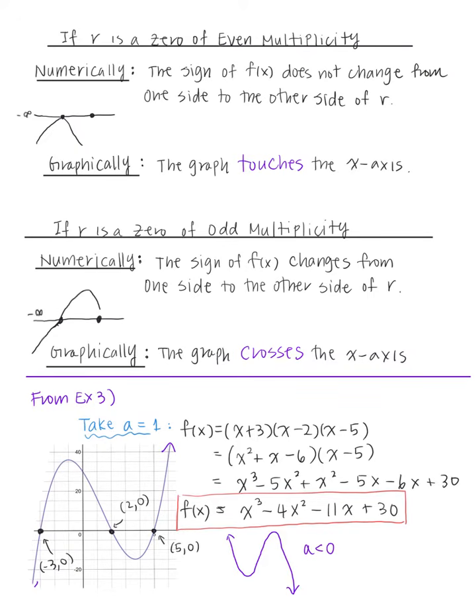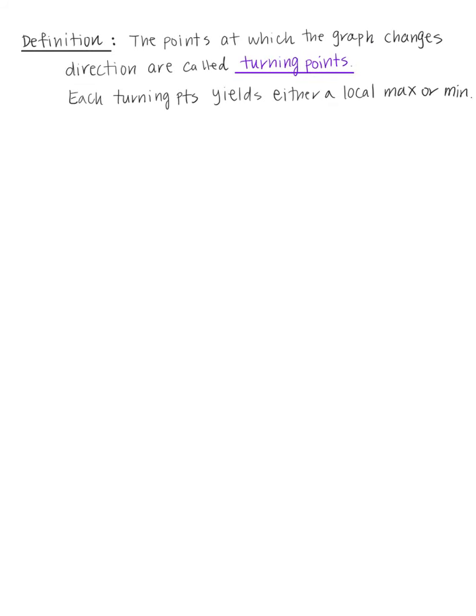Now, there is a relationship between the degree of the polynomial and the turning points. As you guessed, if it's degree 3, then we have 2 turning points. So guess what's going to happen if the degree is 4? You're right, it's going to have 3 turning points, and that's actually a theorem. So that's what we're going to talk about next. Let's go with the definition of turning points. The points at which the graph changes direction are called turning points.